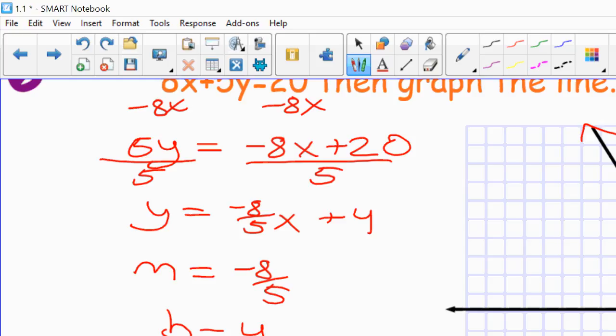Make sure I have arrows on my line. Good refresher. We should be pros at graphing lines by now.